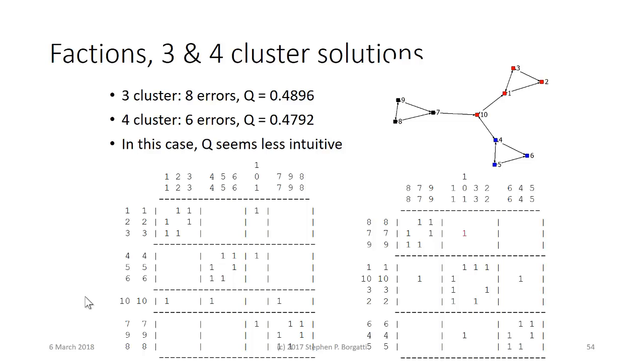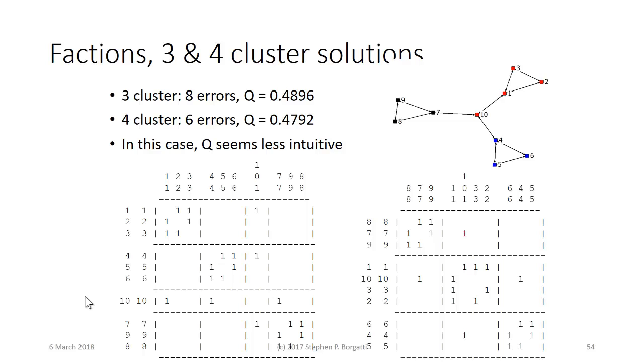Here, I'm not sure why I'm claiming this, but Q says that the 3-cluster solution is better than the 4-cluster solution. By the number of errors, the 4-cluster solution is better. The question is, what do you think when you look at this? When I wrote this slide, I thought, this is a 4-cluster solution.